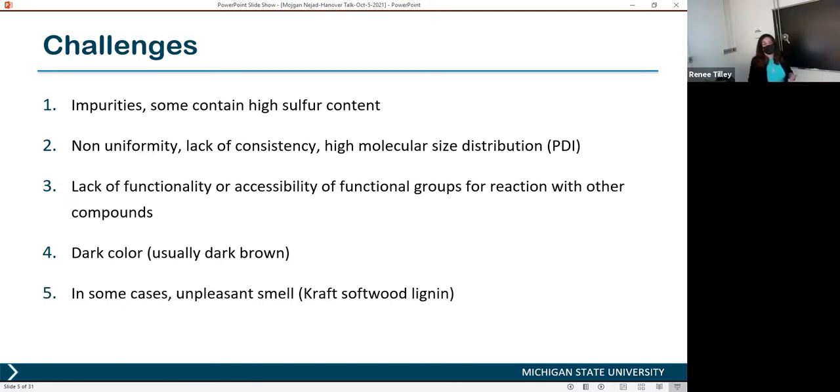Most lignins are okay, but if you have worked with kraft softwood lignin, especially the ones with high sulfur content, you have probably experienced a really unpleasant smell, but not with the other types of lignins. There is a ton of research going on by the pulp and paper industry and other researchers trying to solve the unpleasant smell of kraft softwood lignin during the isolation process.